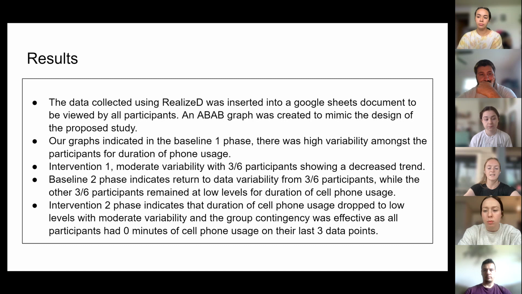And lastly, our intervention 2 phase indicates that the group contingency was effective for reducing cell phone usage, as all participants were at cell phone usage duration of less than a minute for the last 3 study sessions that we completed.